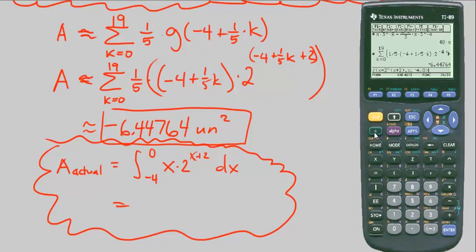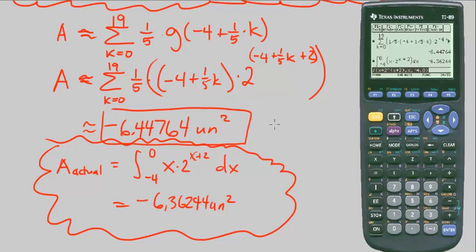I'm going to push diamond enter, so it gives me the decimal value, and the actual area is -6.36244 units squared. So this was what we could estimate, and this is what we can get exactly as the area under the curve. That ends CPM Calculus Chapter 4, number 114.